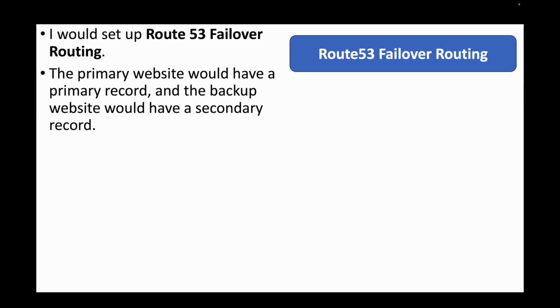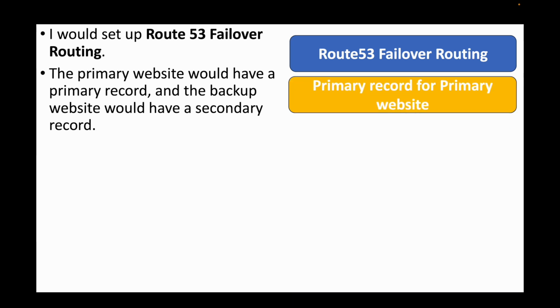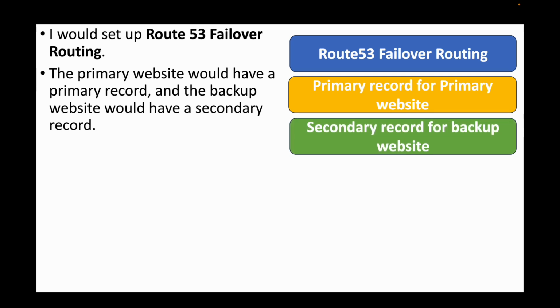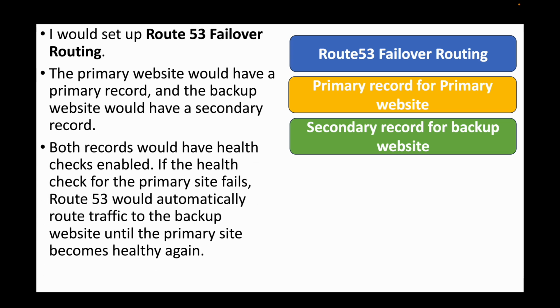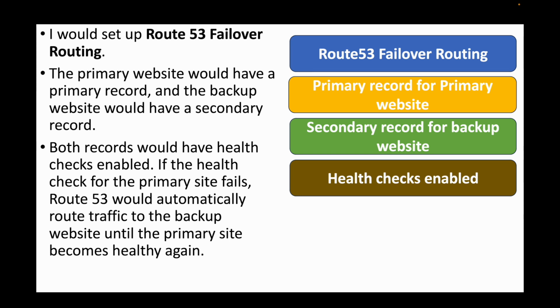You will be creating two records. So a primary record which will be pointing to your primary website, and a secondary record which will be pointing to your secondary website. And then for both of these records, you will be enabling health checks, and your Route 53 will continuously monitor the health checks of these two records.